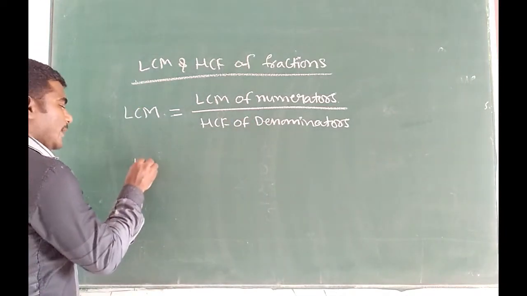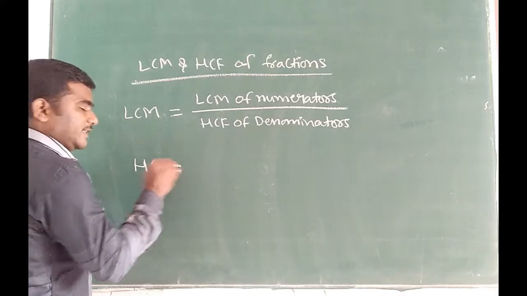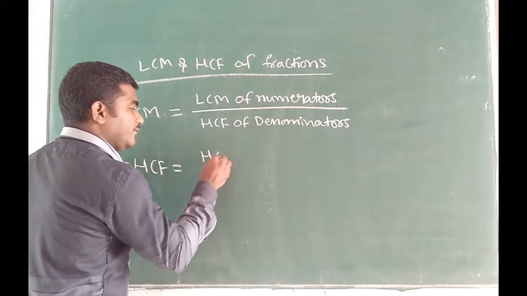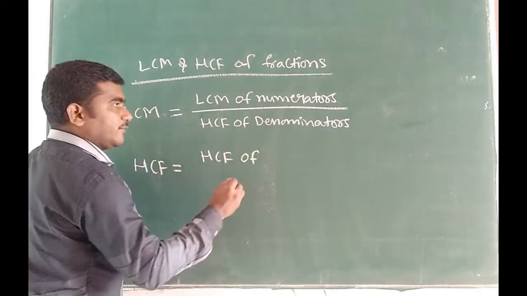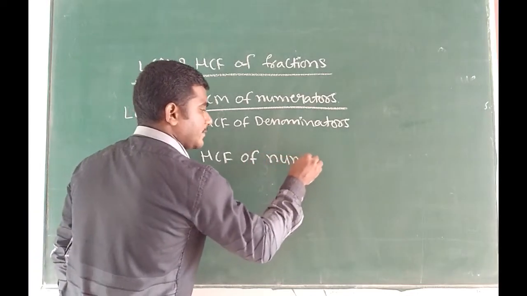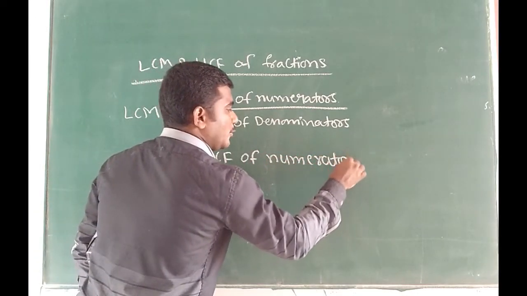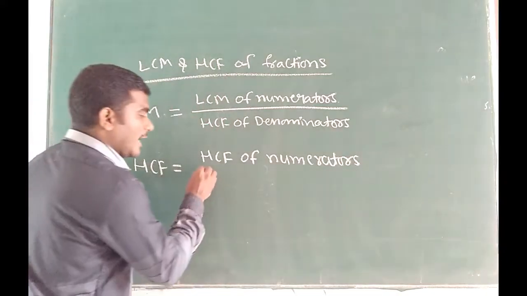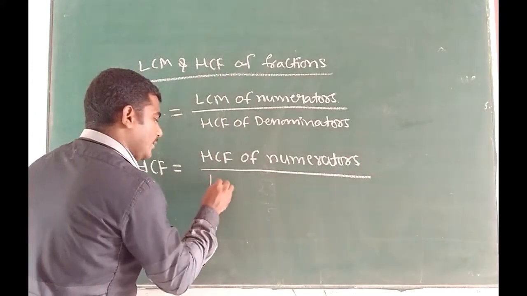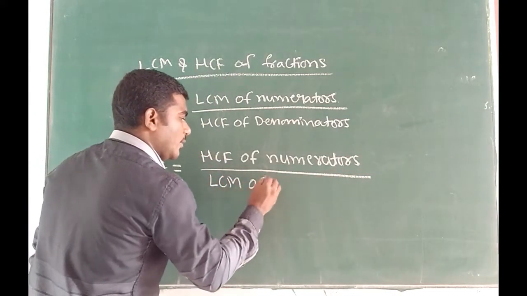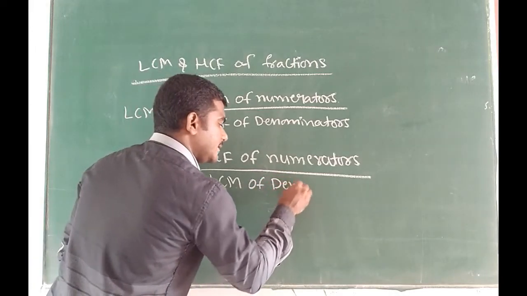What is the HCF formula? HCF is equal to HCF of numerators divided by LCM of denominators.